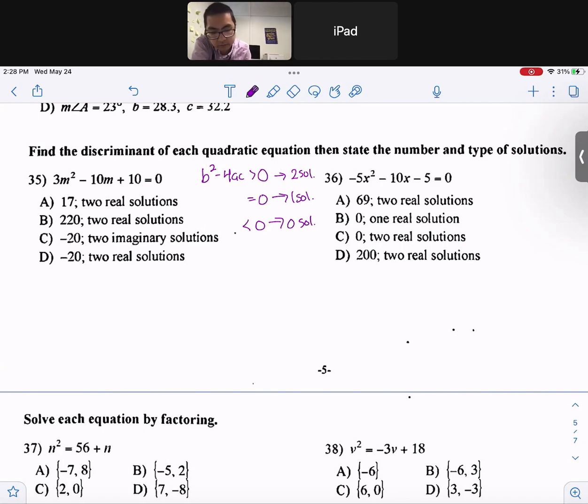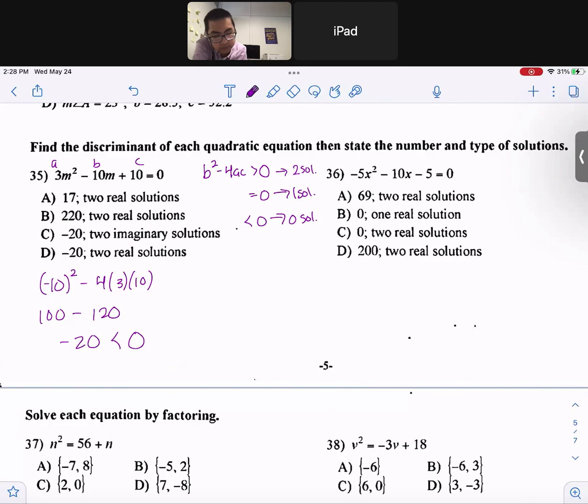So this is your A, B, and C. If we plug it into the formula, negative 10 squared minus 4 times A times C, 100 minus 120, which is negative 20, definitely less than 0, so that's going to give us 0 solutions, or 2 imaginary. So that one's going to give us imaginary.